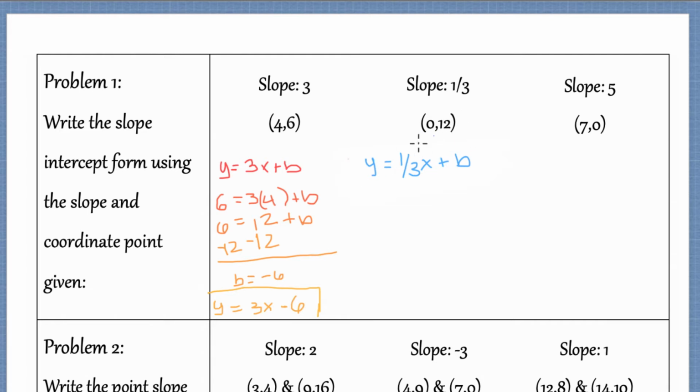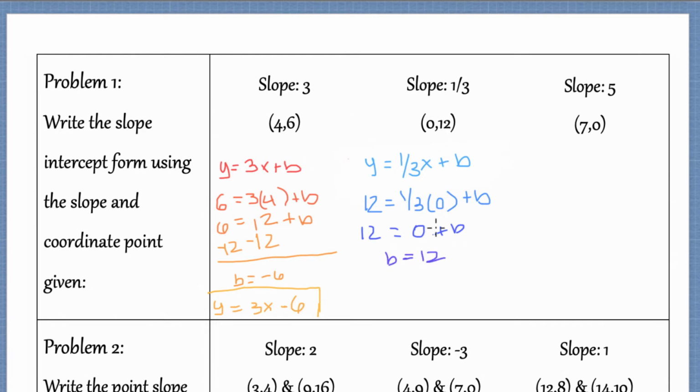So let's start by plugging in the 12 for y, that's going to give us 12 is equal to 1/3 times the x coordinate point, which is 0, plus b. Now that we have this, we can go ahead and solve for b. So b is equal to 12.